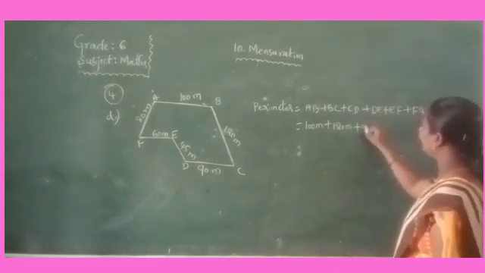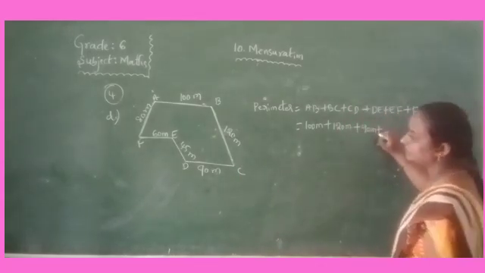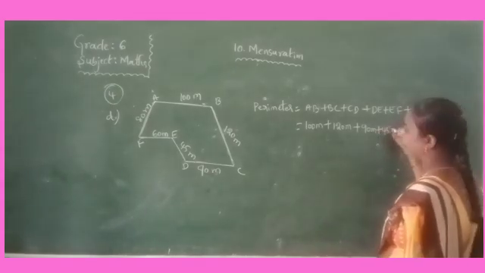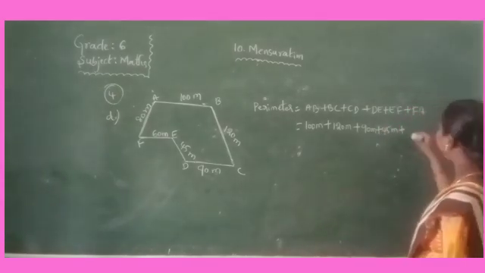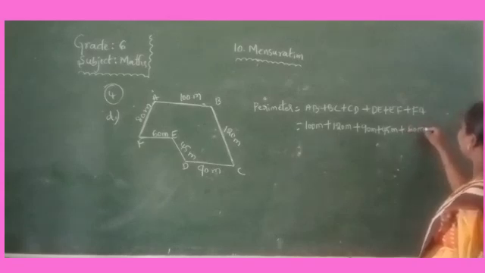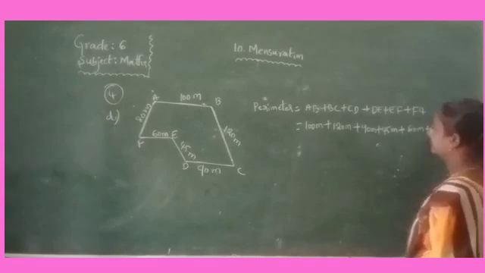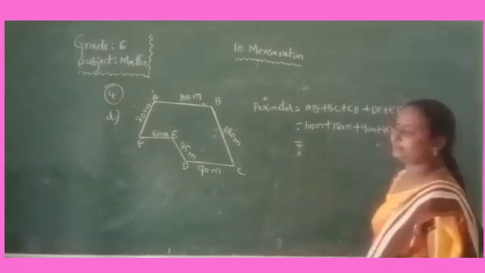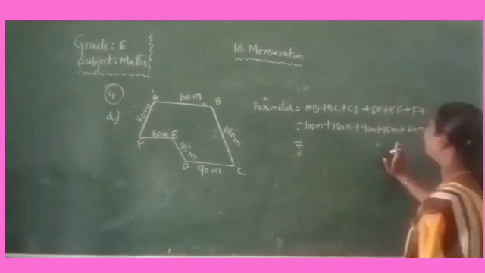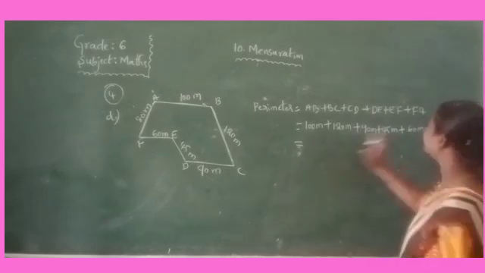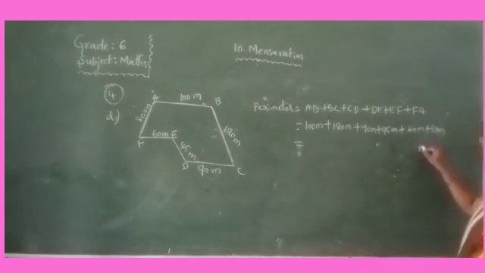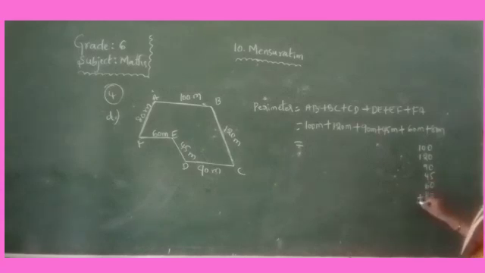CD length 90 meters. DE length 45 meters. And EF length 60 meters. And finally FA length 80 meters. So these are all the lengths of this figure. We have to add now. Write this in order: 100, 120, 90, 45, 60, 80. Now do the addition.